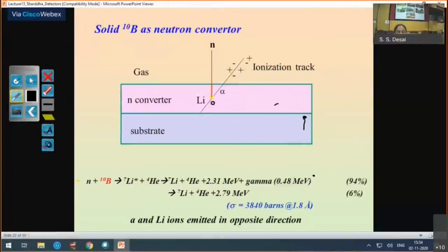In that case, one of the particles is lost, whereas the other particle is partially absorbed in the solid medium and is still released into the gas medium. So ionization is created and shows a pulse. So the pulse-height spectrum of a solid boron layer is slightly different from our BF3 gas. But in certain cases where we don't want to use a gas medium, solid boron coatings can be used in certain detectors.